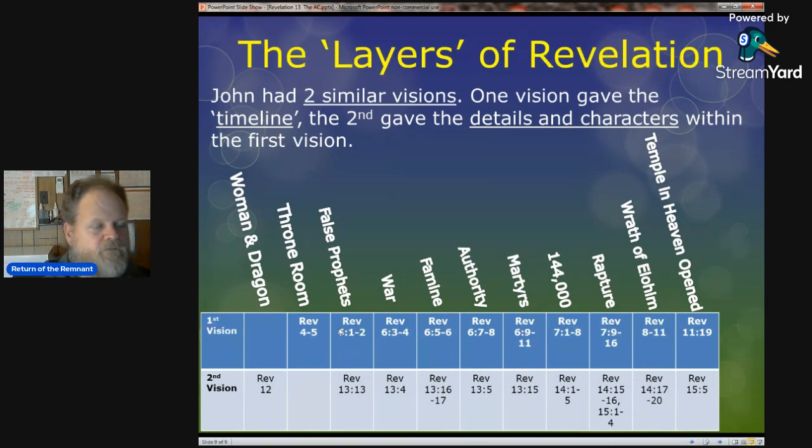You can see, like in the first vision, Revelation 6 and 13 kind of line up. Now, I'm probably going to go back and redo this, because as I've gone through this more and more, as I said before, Revelation is very fluid.